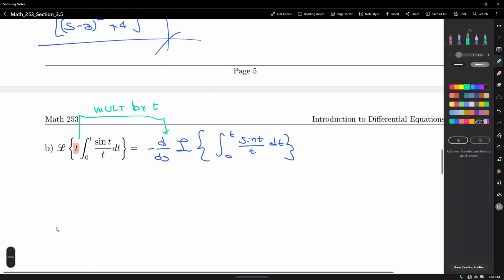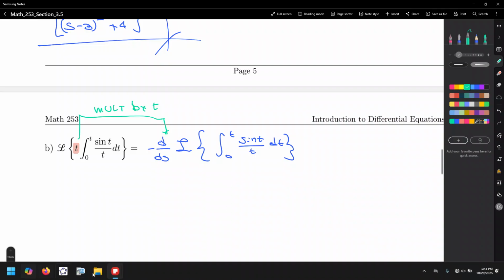Now the next theorem. We want to find the Laplace transform of an integral of a function that at the same time is divided by t. What do we do first? The first operation we see is the integral, so we go with the Laplace transform of an integral.